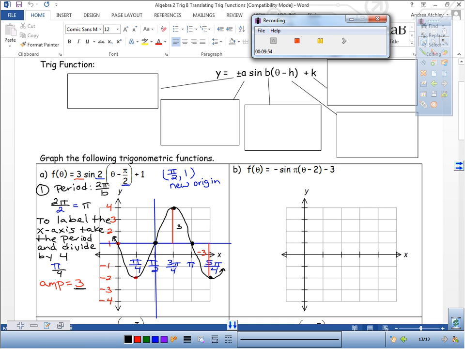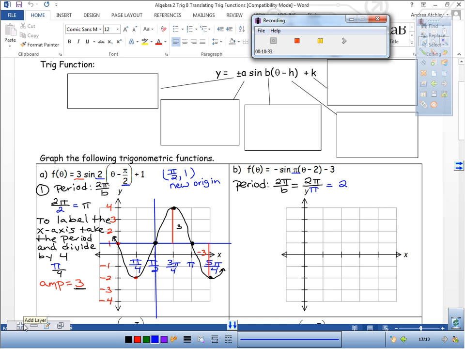Okay. Next one. Same steps. You want to find the period. So the period is going to be 2 pi over pi, which equals 2.